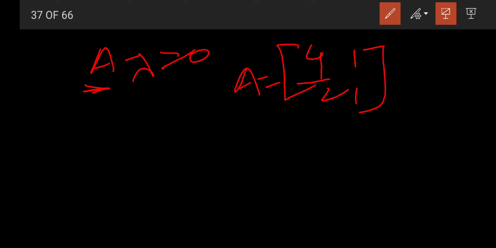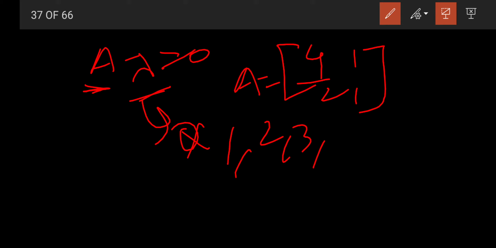Suppose, as in the question, A equals 4, minus 2, 1, 1, and lambda is a scalar value, like 1, 2, 3 or 3.5 or anything, a digit or integer. So you can't subtract.